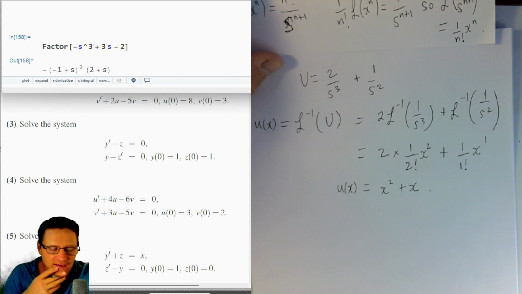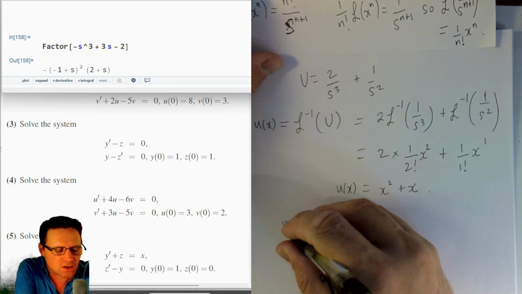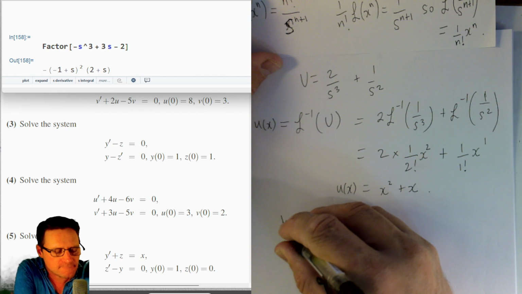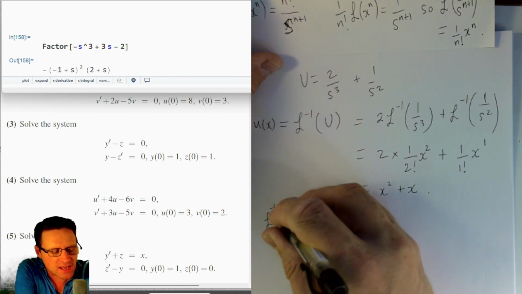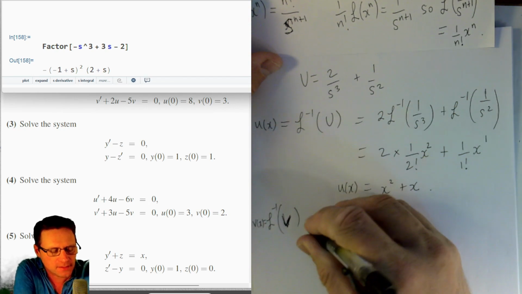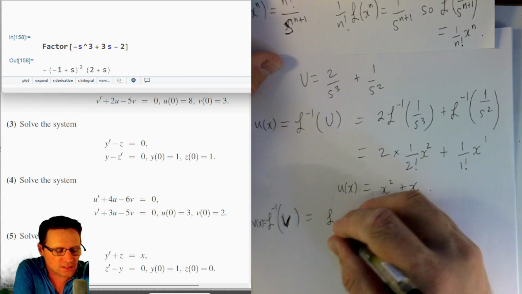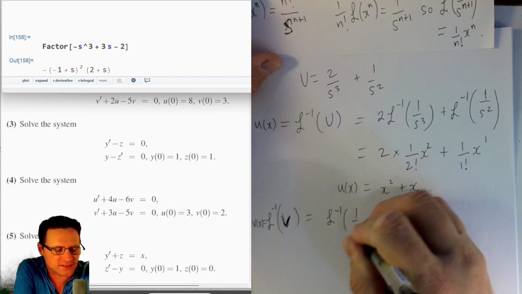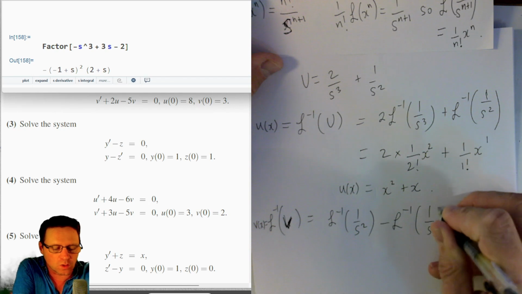All right, next, let's do the same thing for v. So inverse Laplace of uppercase V is lowercase v of x, which is inverse Laplace of 1 over s squared minus inverse Laplace of 1 over s.